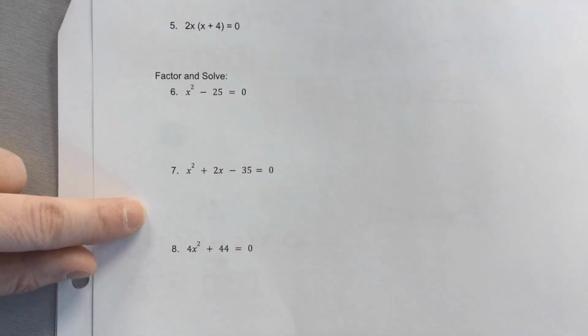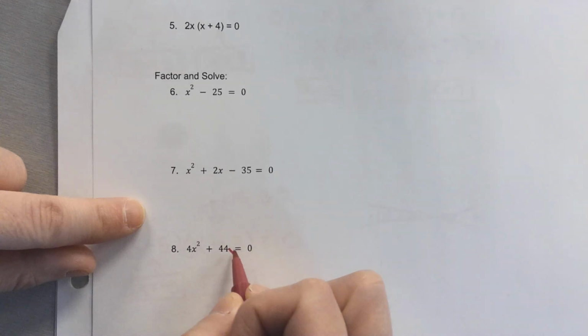And then the third thing that you need to do, oh, this should have an X with it. The third thing that you need to do is factor and solve. So factor, solve, and then put it all together. Okay? Do you see how I put an X in with number 8? Add an X into number 8. See the 44?